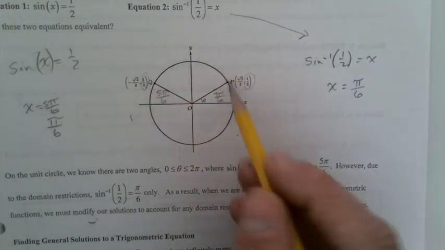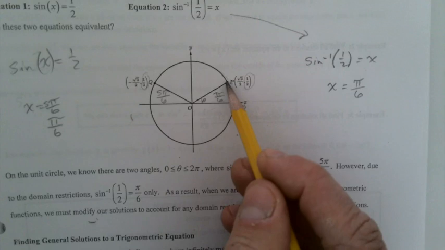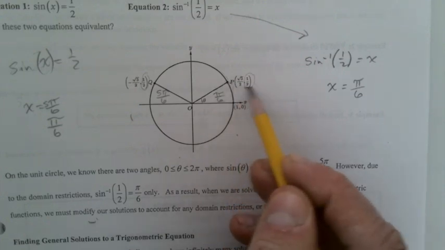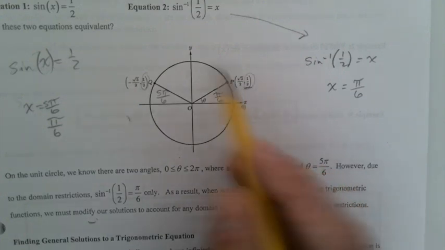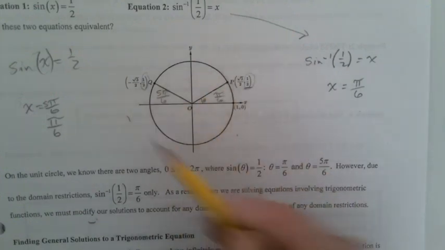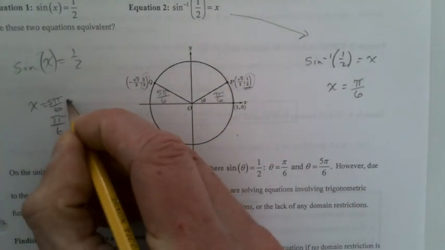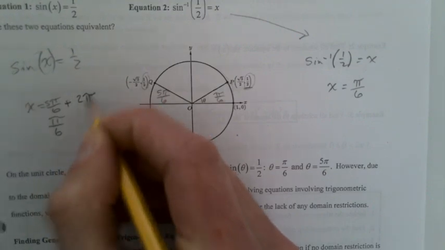That would be one full rotation plus a little more, bringing me right back to the same point with the same outputs. So because this is periodic, it's going to keep repeating every 2 pi units.